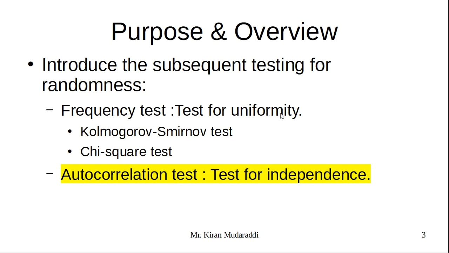That is, the test for uniformity. And in this video lecture, we begin with the autocorrelation test. It is used for checking whether random numbers are independent or not. That is the test for the independence property of random numbers.